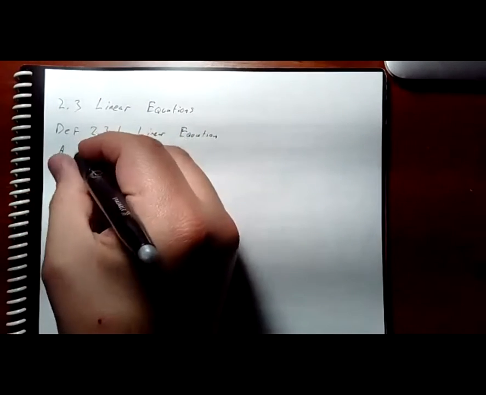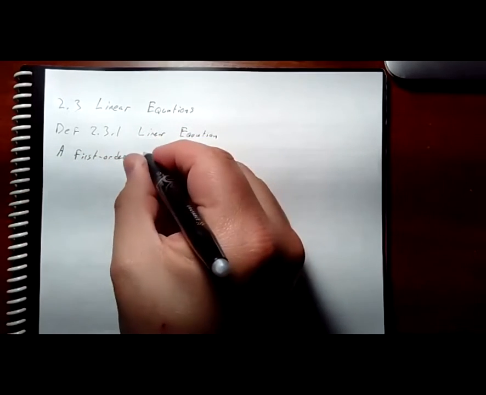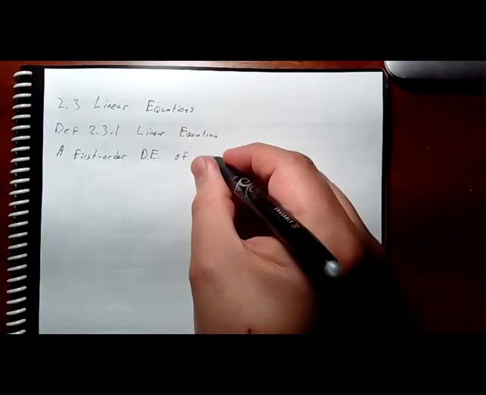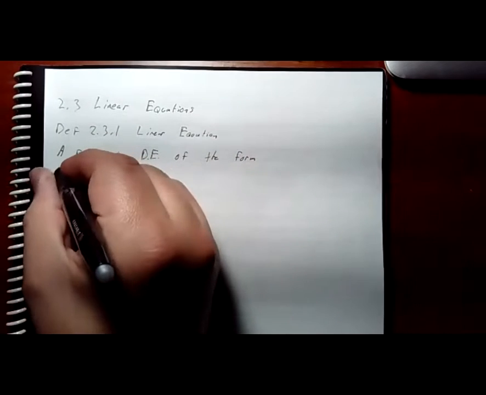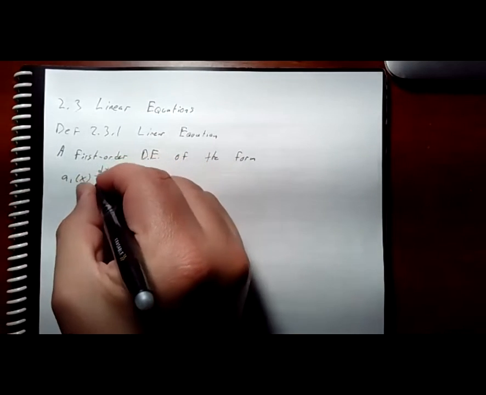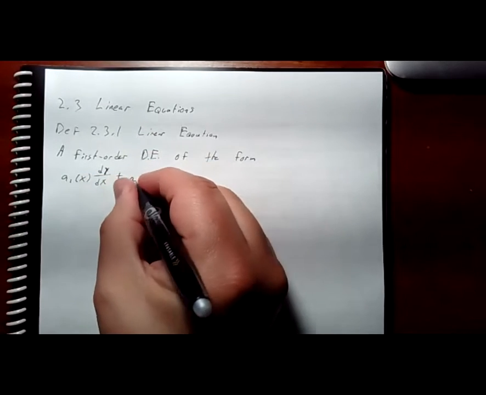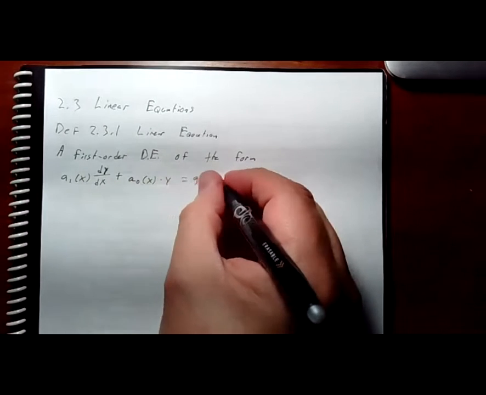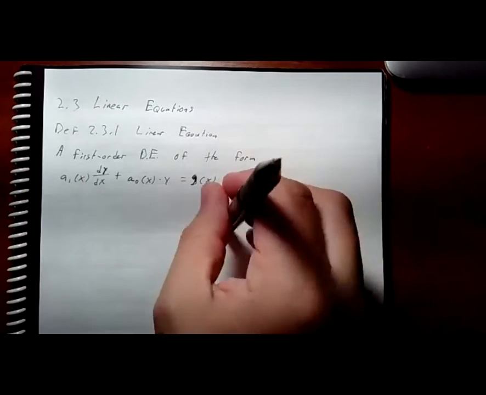So a first order differential equation of the form a1 of x times dy/dx plus a naught of x times y is equal to g of x.